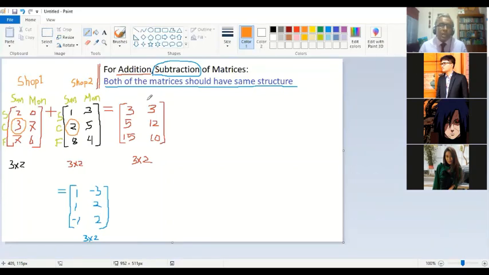Now you can think in a different situation, what is the meaning of the subtraction? Sir, can I? Yes, sure. Like on Sunday, if I'm a shopkeeper, I bought 3 Cokes, and in that time I sold 2 Cokes.